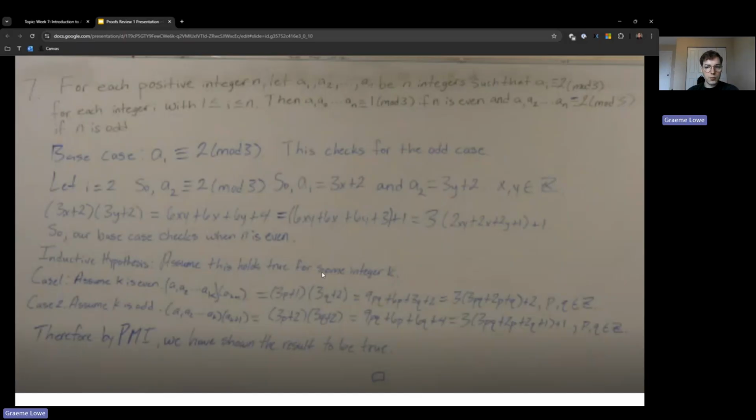Or another way to write that, like we wrote over here, it's congruent to 3 multiplied by some integer p, where p and q we're assuming are integers here, plus 1. So that might be a little bit confusing, but we're basically substituting in a1 multiplied by a2 all the way up to ak, because we're assuming that is even, and our result says that's congruent to 1 mod 3.